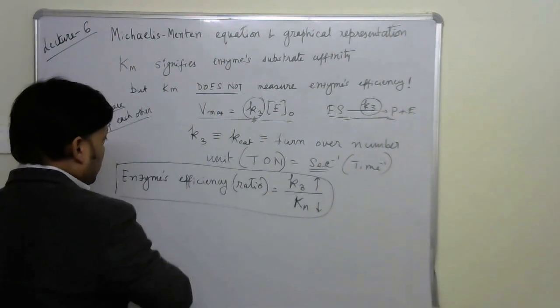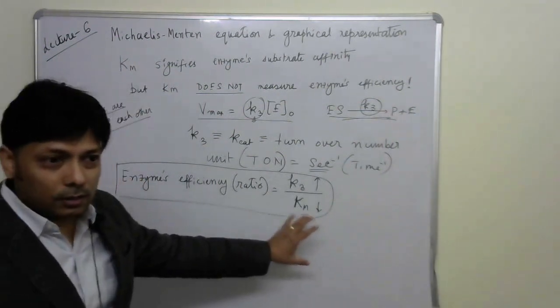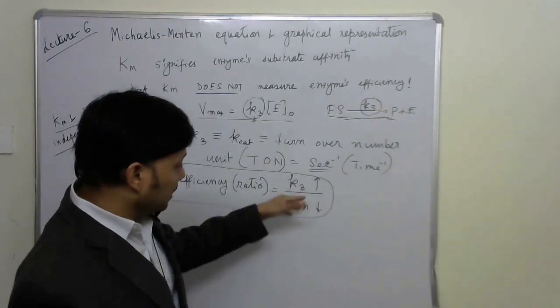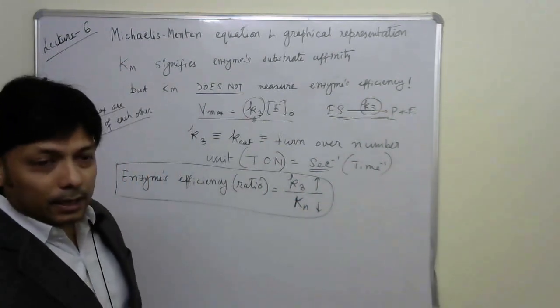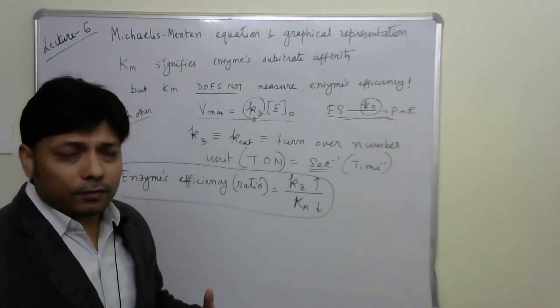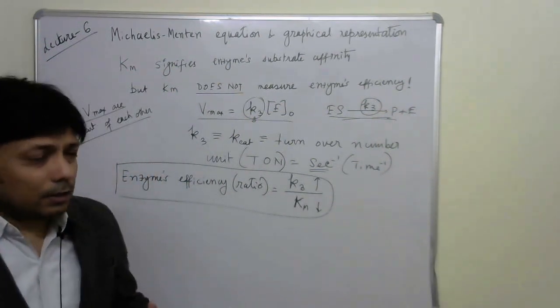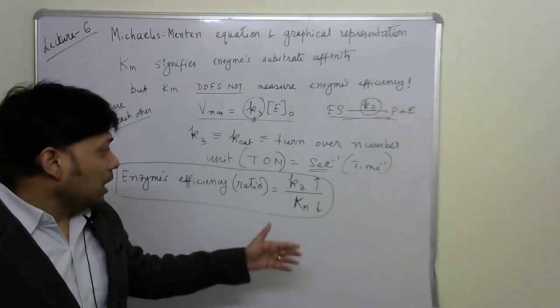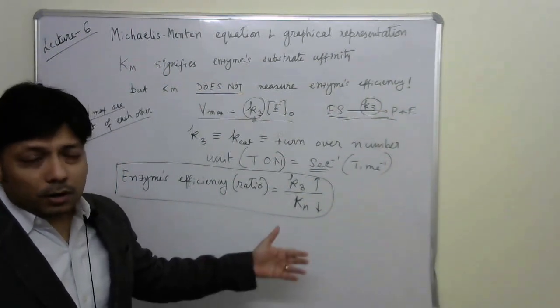So remember this small numerical formula, basically K3 divided by Km. In real life, biological enzymes have high turnover numbers, and sometimes the turnover number easily reaches 1,000,000.